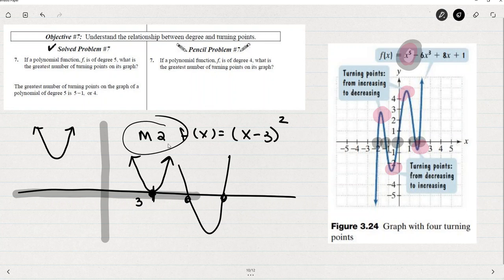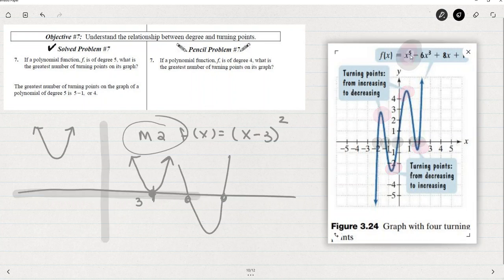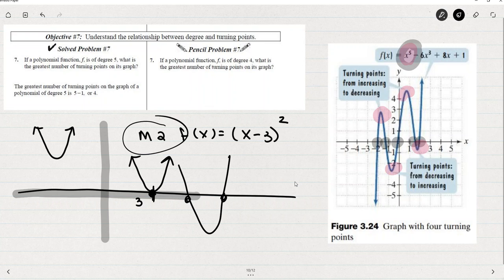So we don't know that there are 5 zeros, but we do know that there's no more than 5. And then the number of times that we turn around is going to be 1 less than that. So if the greatest number of possible zeros was 5, then the greatest number of turning points is going to be 4, 1 less than that.